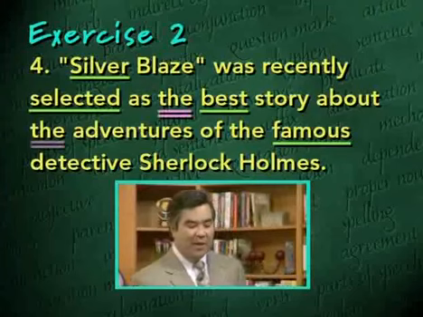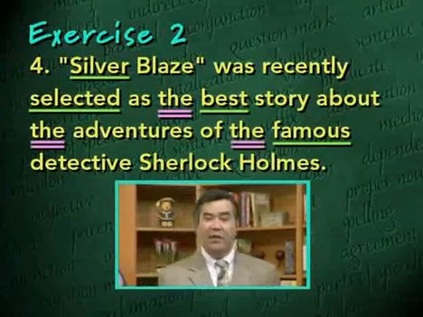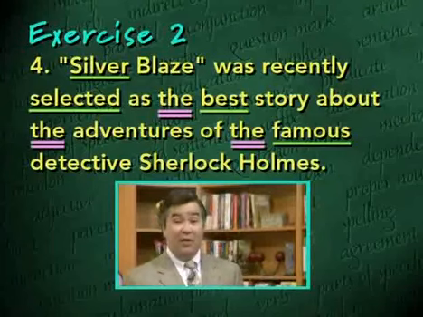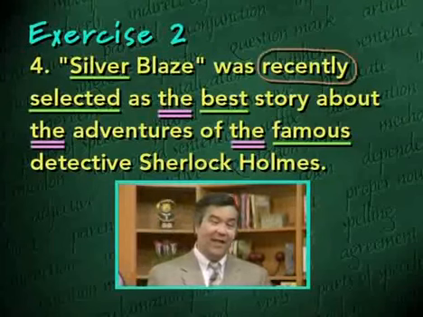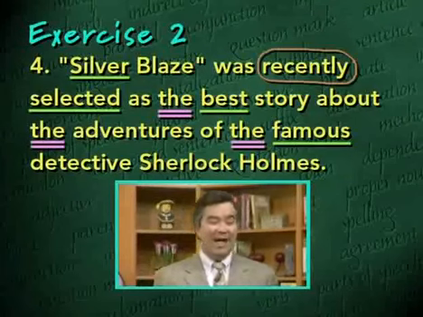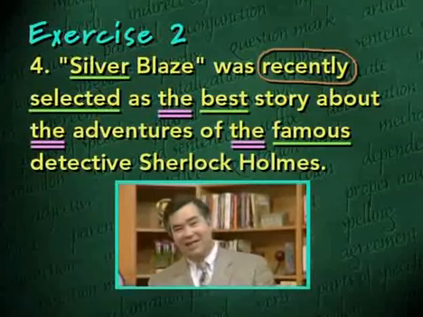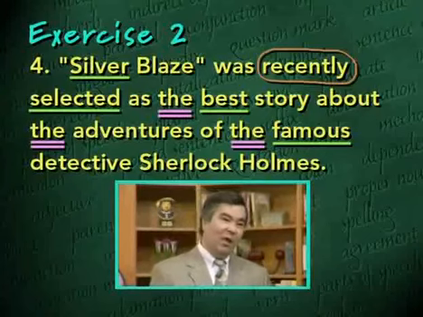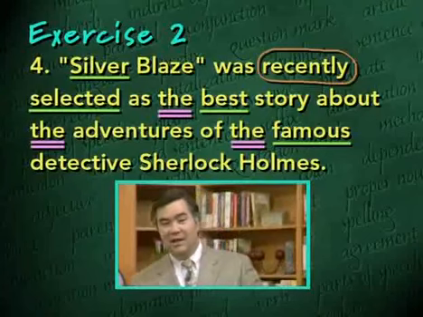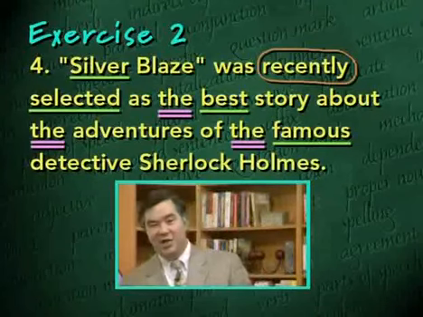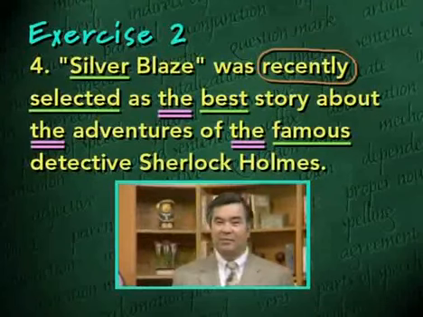The best story about the adventures of the famous detective Sherlock Holmes. And there's one adverb, recently. Again, it has the telltale ly ending, and it tells more about or modifies the adjective selected. When was it selected? Recently. So it gives more information about the adjective, it modifies the adjective, and that makes it an adverb.